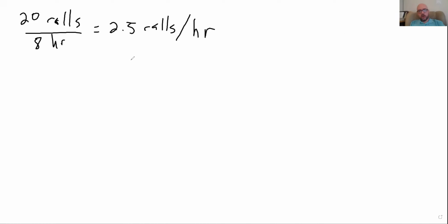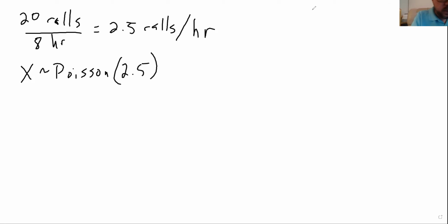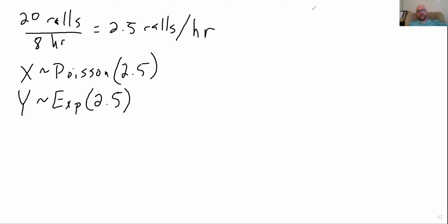If we're measuring lengths of time in hours, our lambda is going to be 2.5. So that means x, the discrete random variable, is approximately Poisson of 2.5, and y is approximately exponential with a decay constant of 2.5.